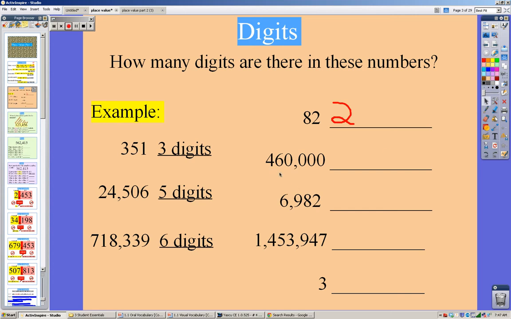I count 1, 2, 3, 4, 5, 6 digits. So I'm going to write the number 6. I can see here that I have 1, 2, 3, 4, so I'm going to write the number 4. This one's a little bit of a stretch because we don't go up into the millions, but this number does. But I can count the digits, and I have 1, 2, 3, 4, 5, 6, 7 digits. And this last one's a pretty easy one, and we have 1 digit.